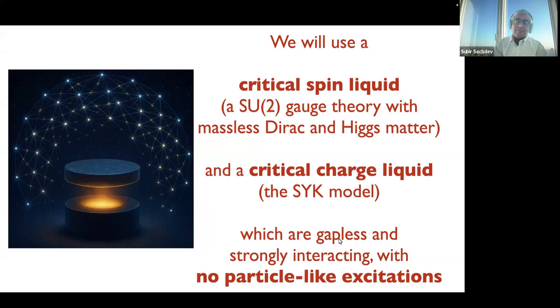They're so strongly interacting that they don't have excitations that are bosons, anyons, or anything. They're really extremely strongly entangled, and understanding such states has also been a major effort in condensed matter physics in recent years.